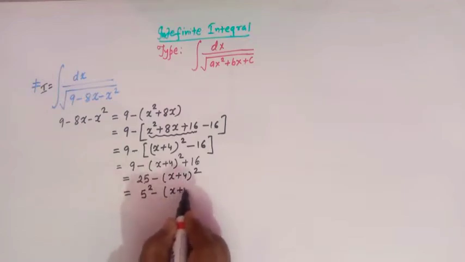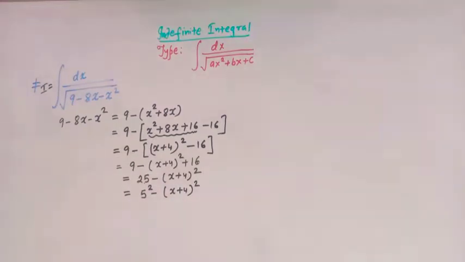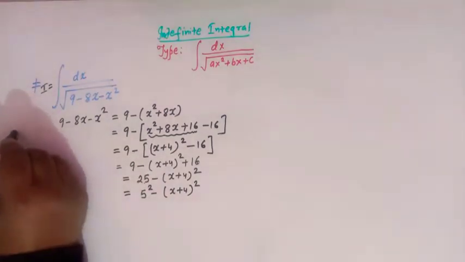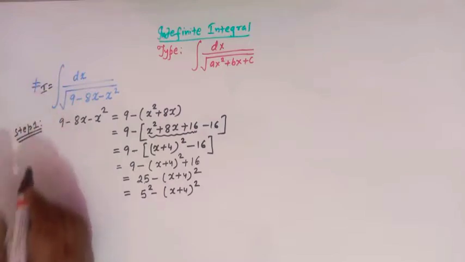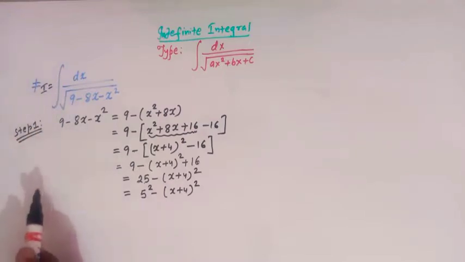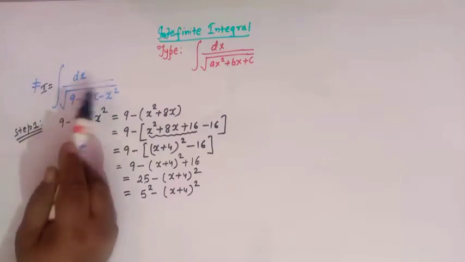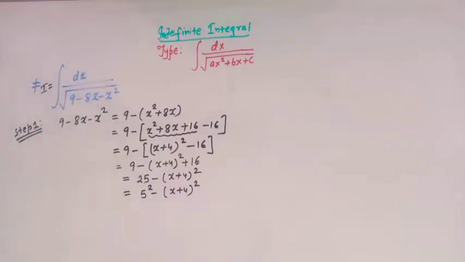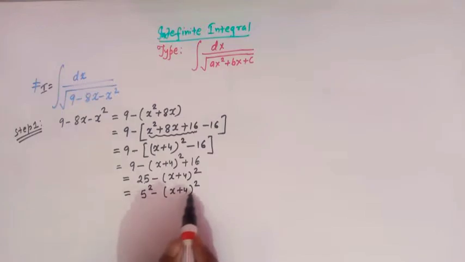So now we have 5 square minus x plus 4 whole square. This is step 1 whenever we deal with such integrals where we have a quadratic polynomial inside a square root. So we have now a term like a square minus b square.